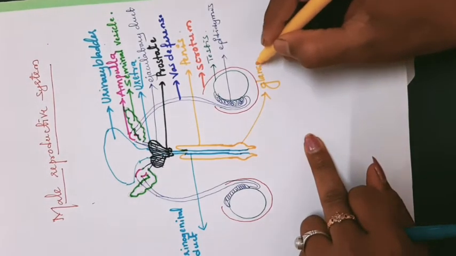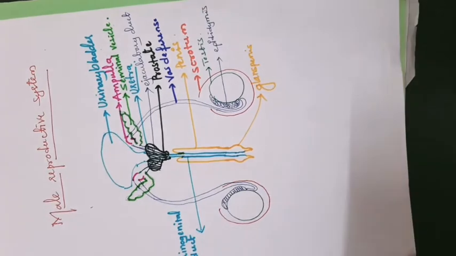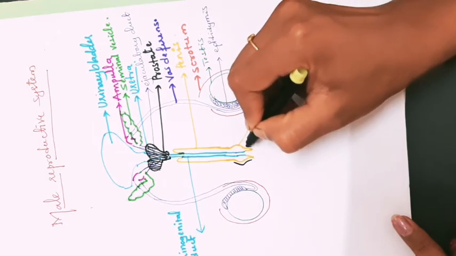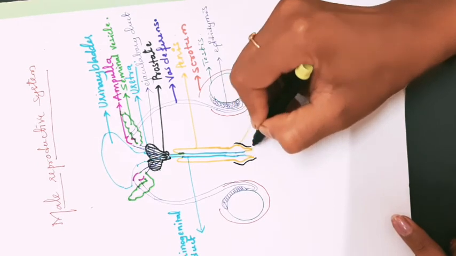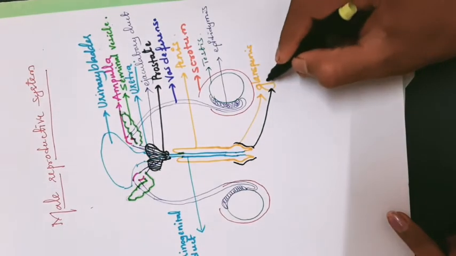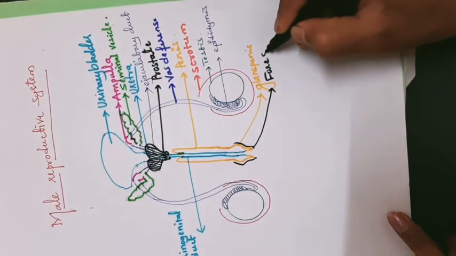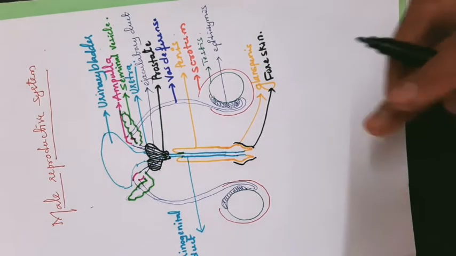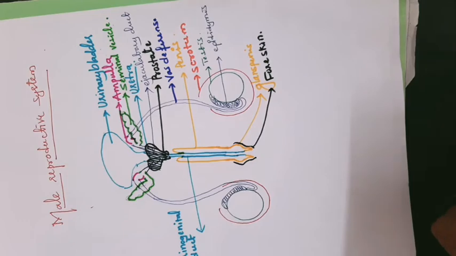It is surrounded by a loose tough skin called the foreskin. Then it has a small opening called the urinogenital opening.